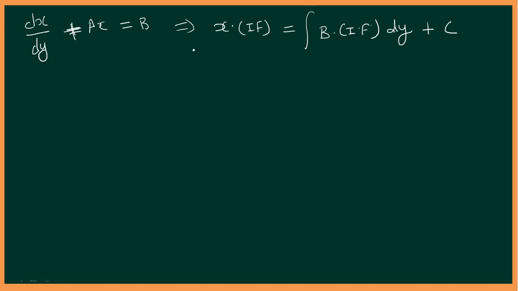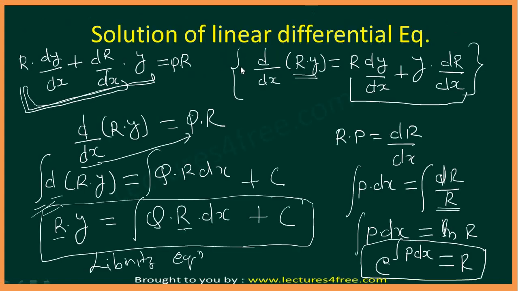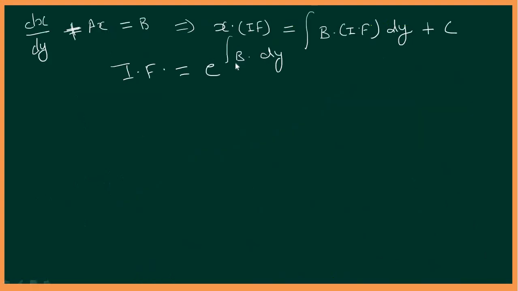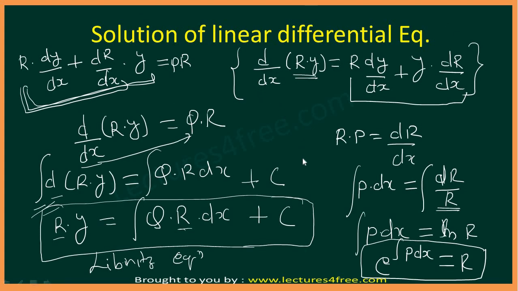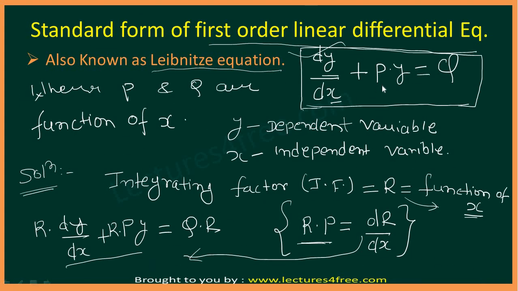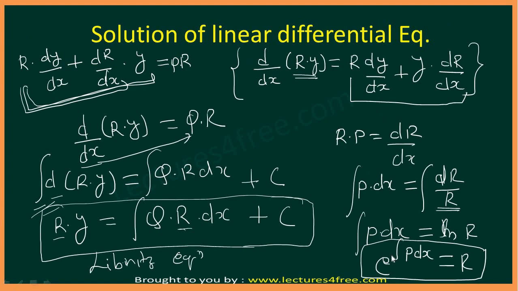Here the integrating factor will be e to the power integration of a dy, not b, a. Because in the previous example, if the equation has p, then the integrating factor is e to the power integration of p dx.